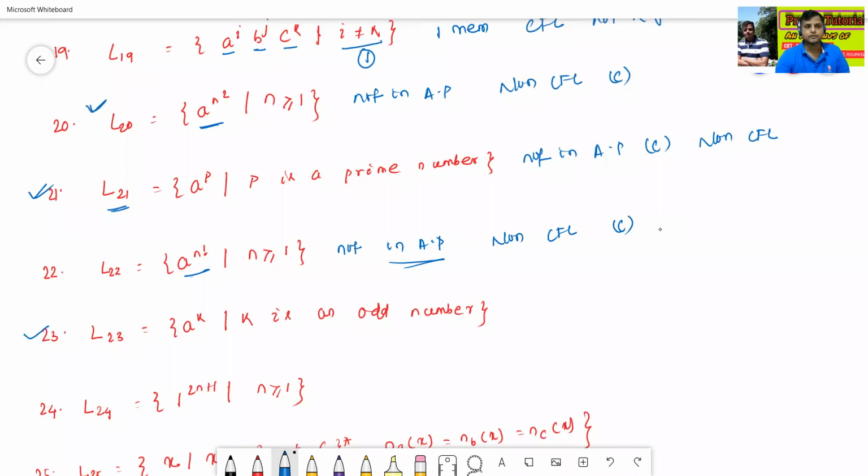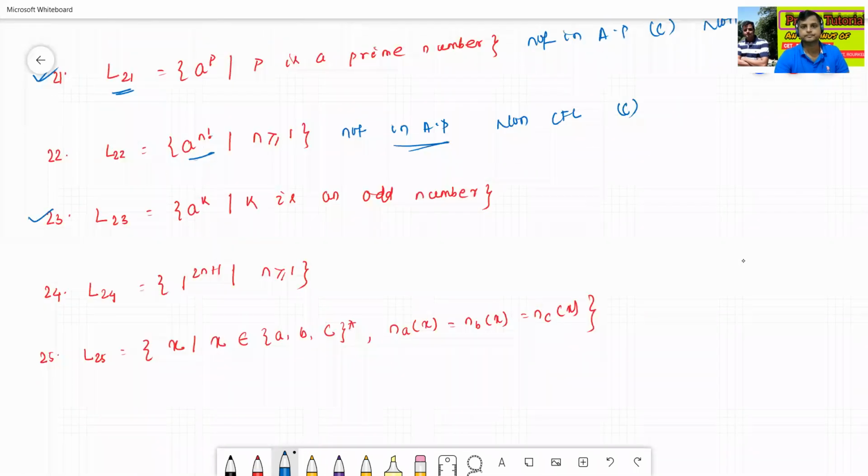Next question, the 23rd language: A to the power k, but k is an odd number. Since k is an odd number, this language is regular. Regular means it is also a context-free language, so it is option A. Next language: 1 to the power 2n plus 1.